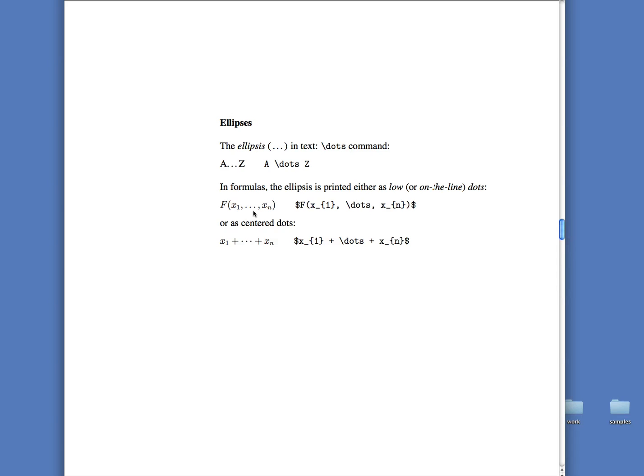The low dots that you use, say, in between two commas, and the center dots that you use, say, in between two plus signs. And most of the time LaTeX will know which one you want. There are actually five or six kinds of dots, ellipses, that you use in mathematics. See my book for more detail.